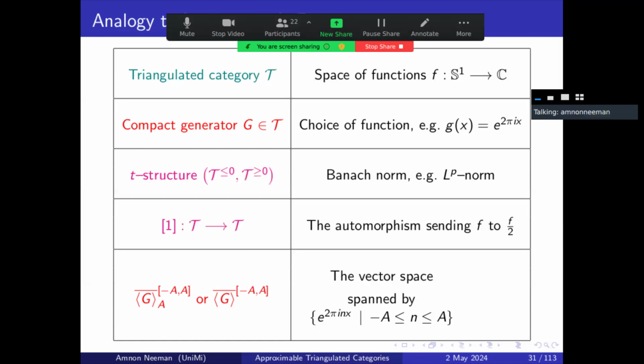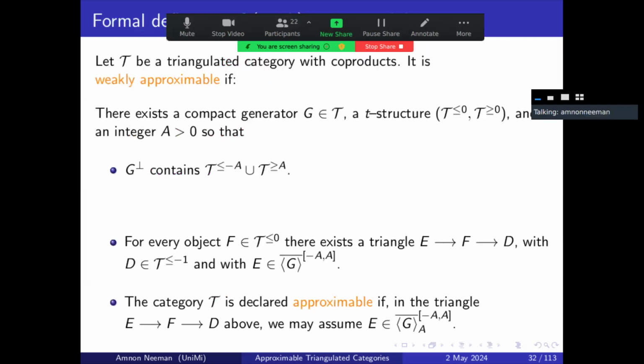And the Banach norm will be replaced by a t-structure. Now the definition involves all of these: compact generators occur, t-structures occur, and those strange things, the replacement for the low-degree trigonometric Laurent polynomials, occur. So I should quickly remind you what these things mean.